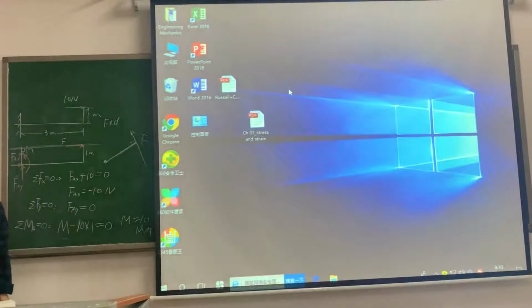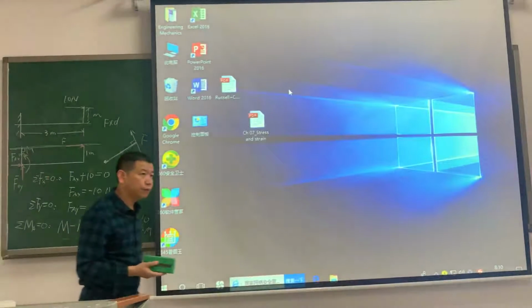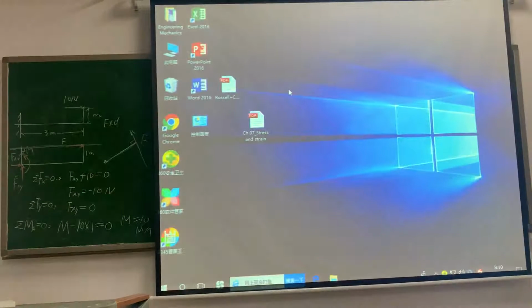Last, is this a cantilever? M is anti-clockwise. So we don't regard the direction slowly; we just consider the direction.